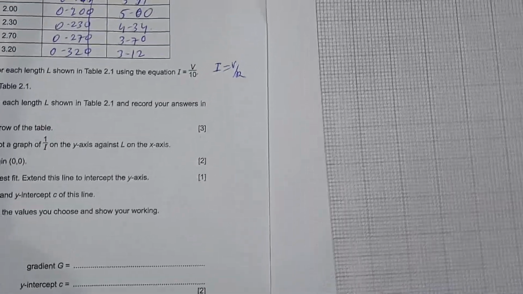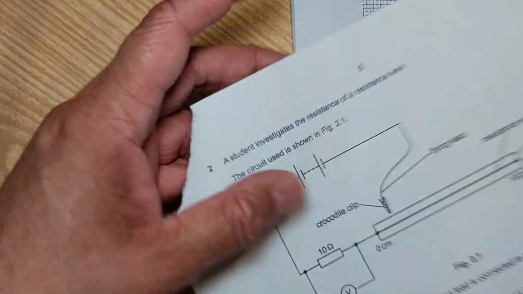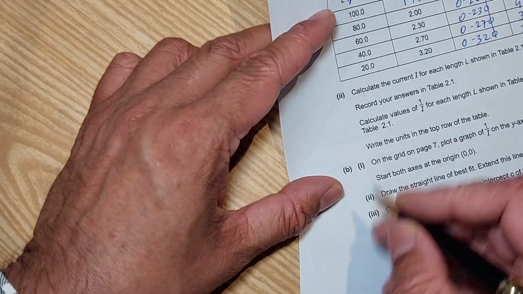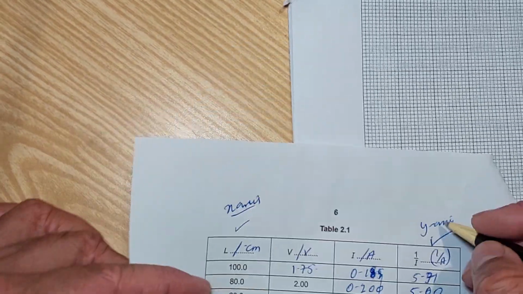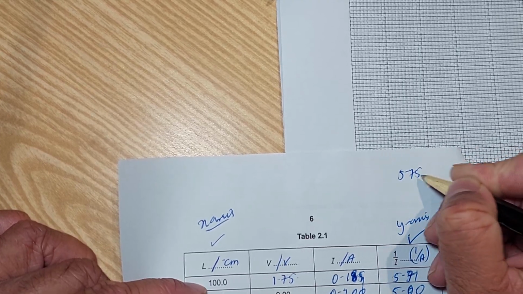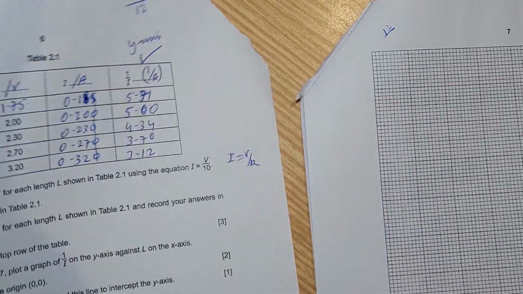So let's see how you choose your scale. In order to choose your scale over here, let me give you an idea. For the scale, what we're going to do is 5.71 divided by 12, because there are 12 large squares over here.